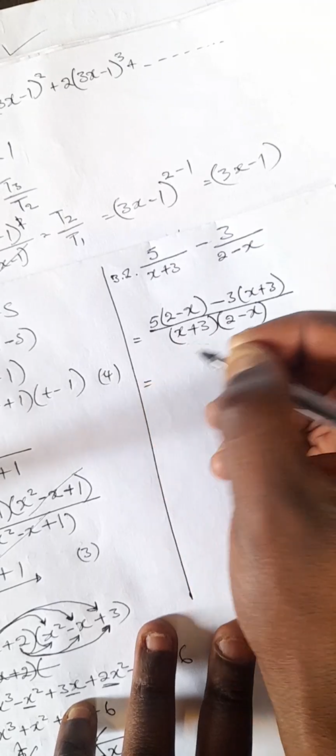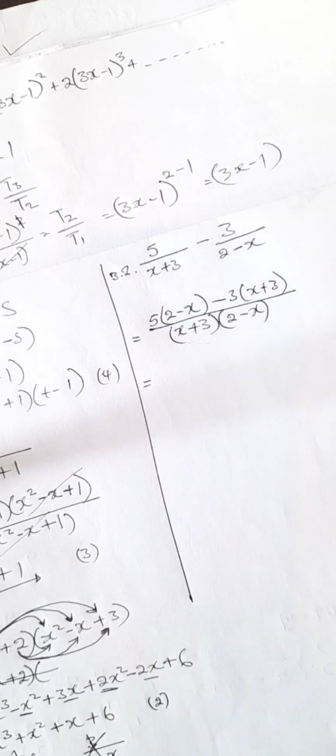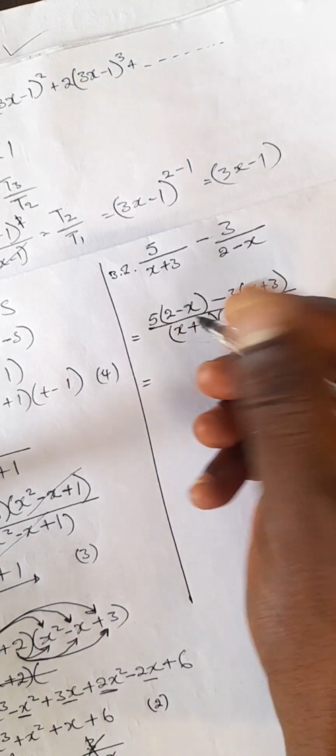That's your first step. Second step, you can multiply everything here.